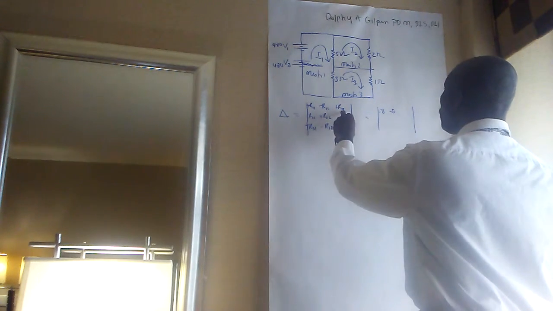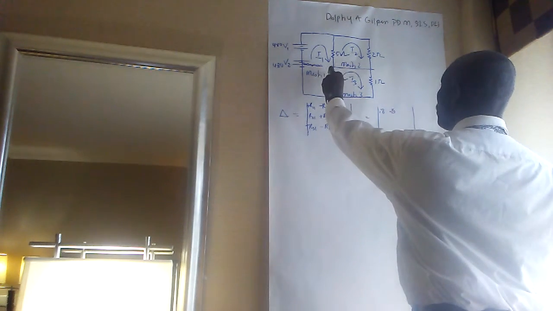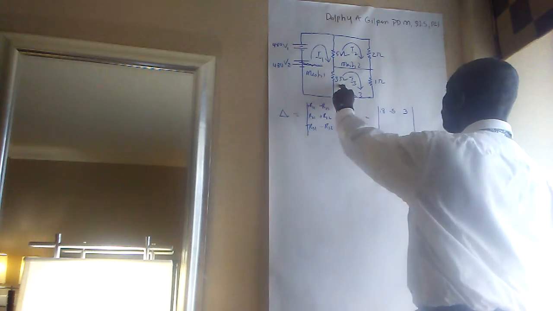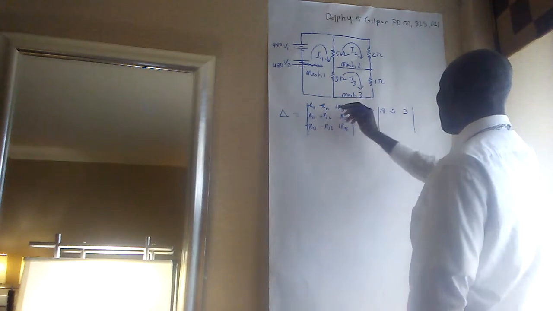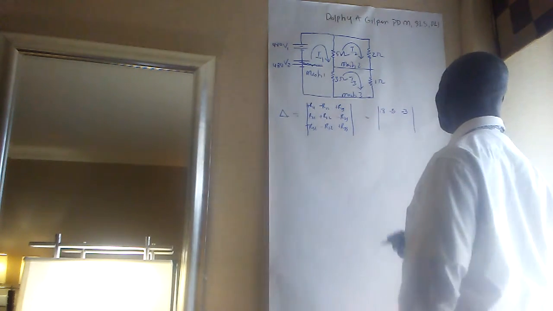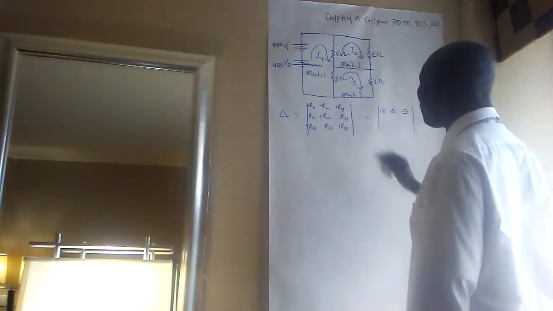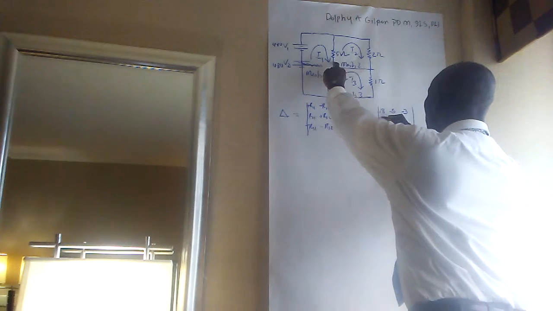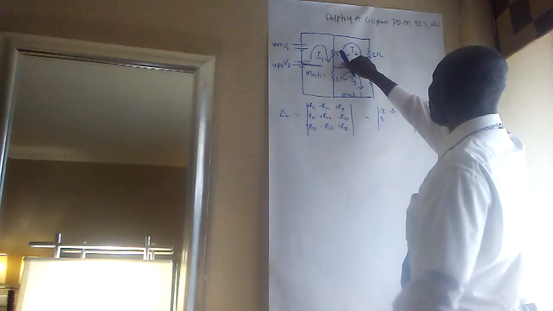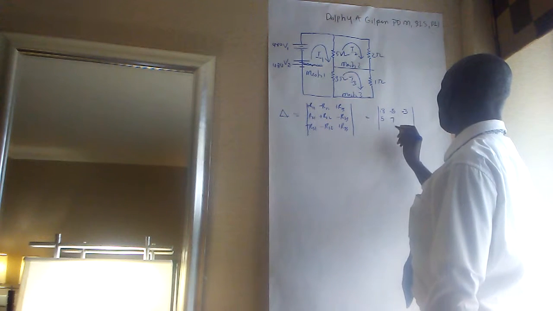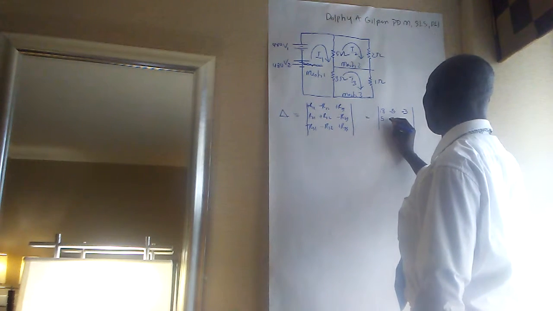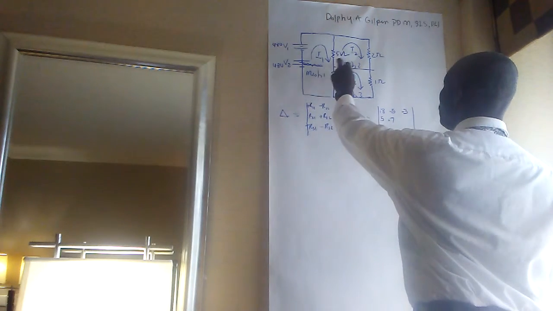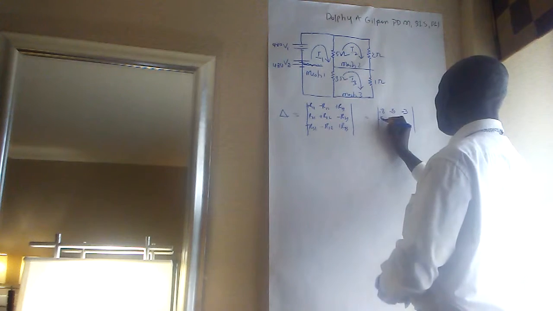And R13 is the resistance common to mesh 1 and 3, which is 3 ohms. So they're positive, but mutual resistance is negative, so it takes on that. And R21, resistance common to mesh 2 and 1, 5 ohms. R22 is 5 and 2, 7 ohms. R21, 2 and 1, 5 ohms, negative.